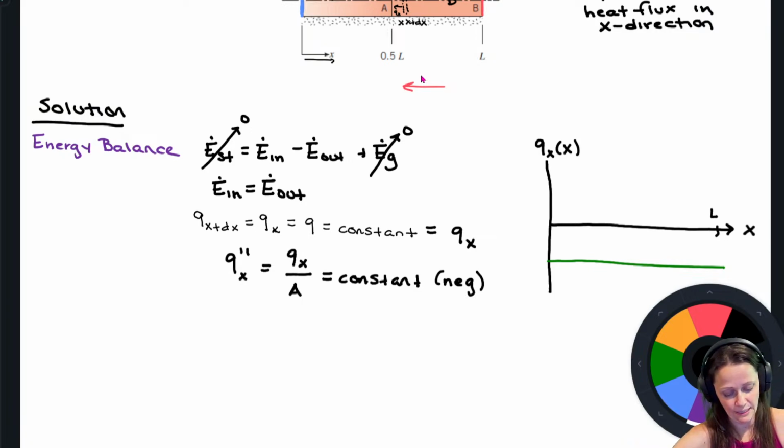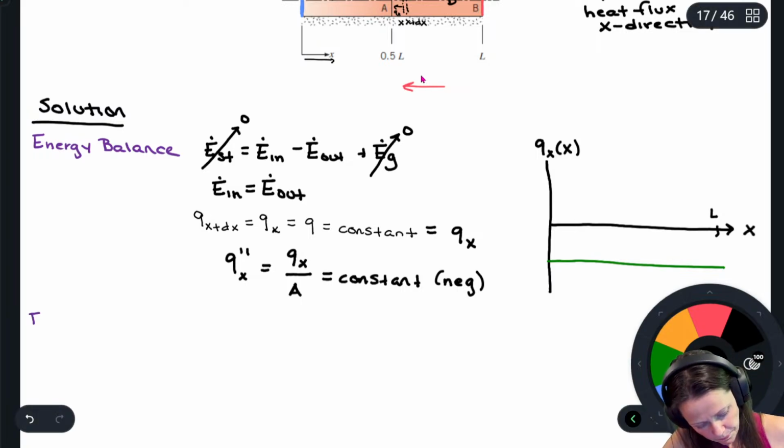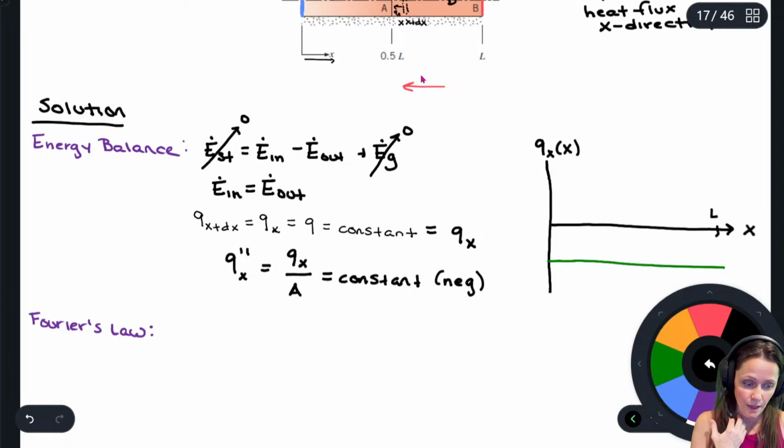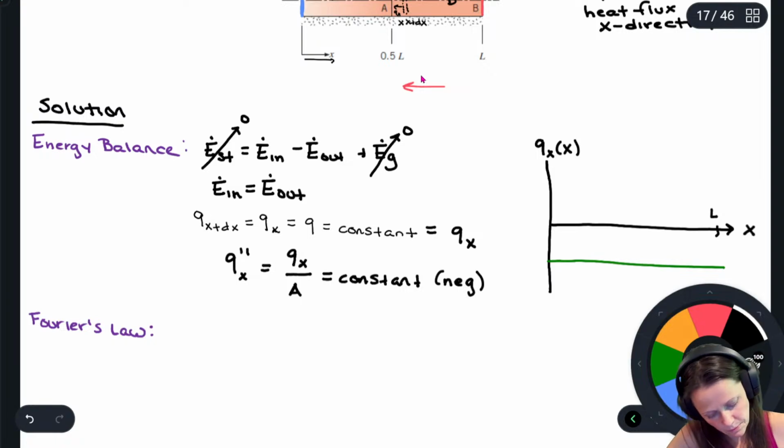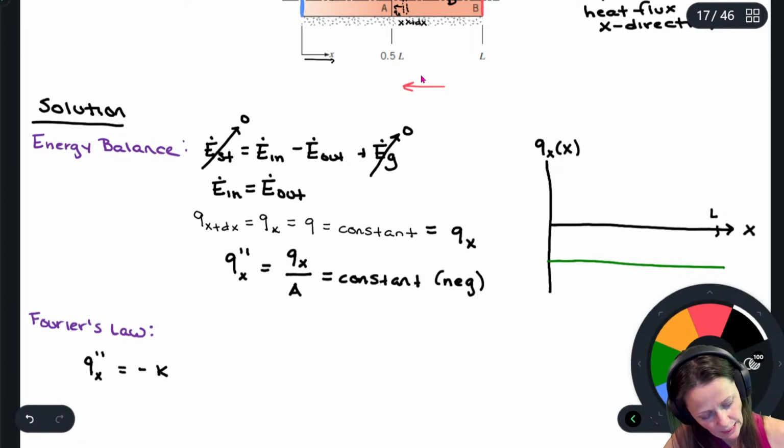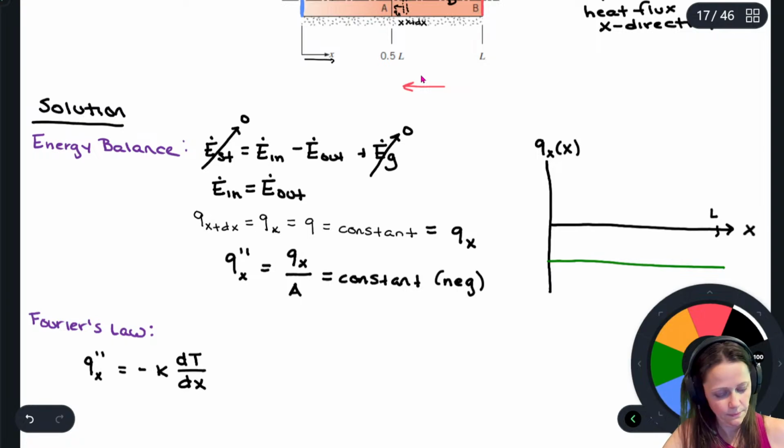Now we've got to find T as a function of x. So I'm going to apply Fourier's law. I know that the heat flux, Fourier's law tells me, is K dT dx.